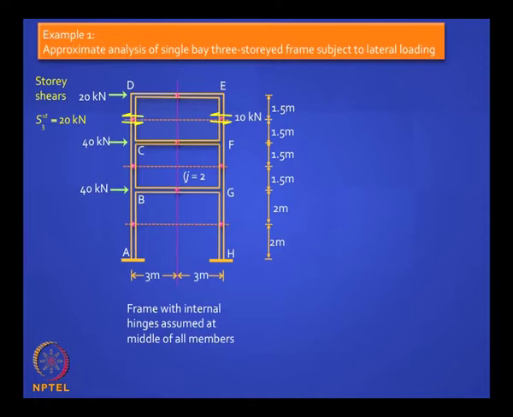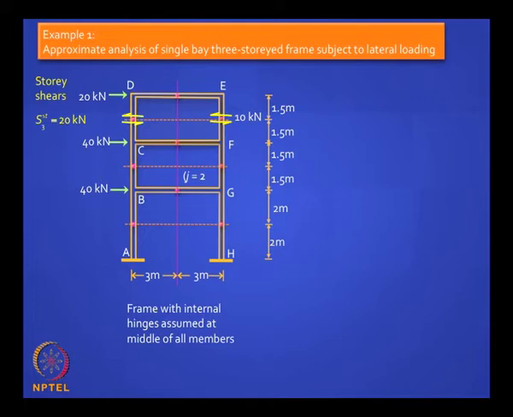you look at the story shear. Okay, the story shear you can do like that. I told you in the last class, you cut a section at mid height of the top story, you will find that that 20 kilonewton has to be shared equally by the two columns, you get 10, 10. Is it clear?